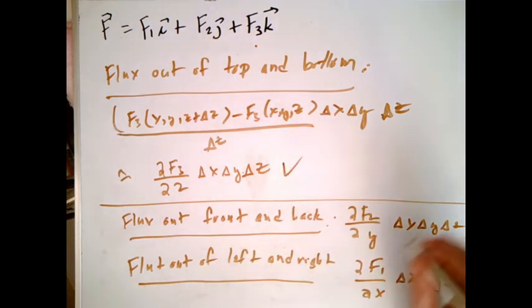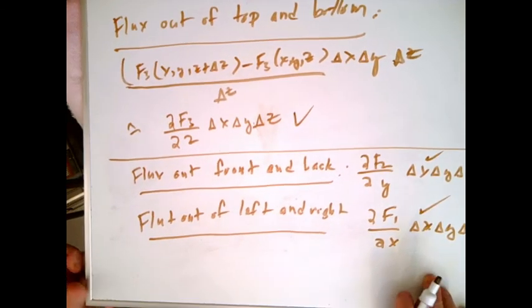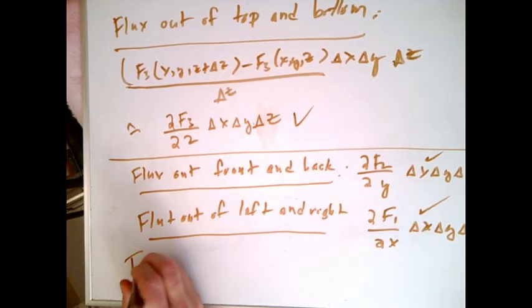So the flux out of the whole thing, so out of all total 6 sides, should be this plus this plus this, and what we'll do is we'll say the total flux.